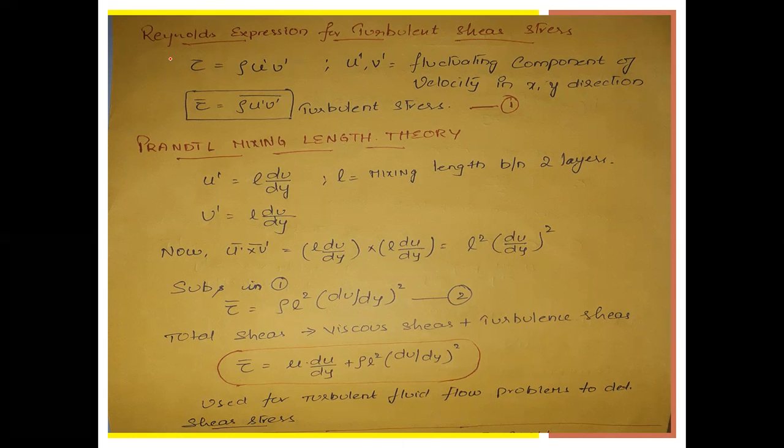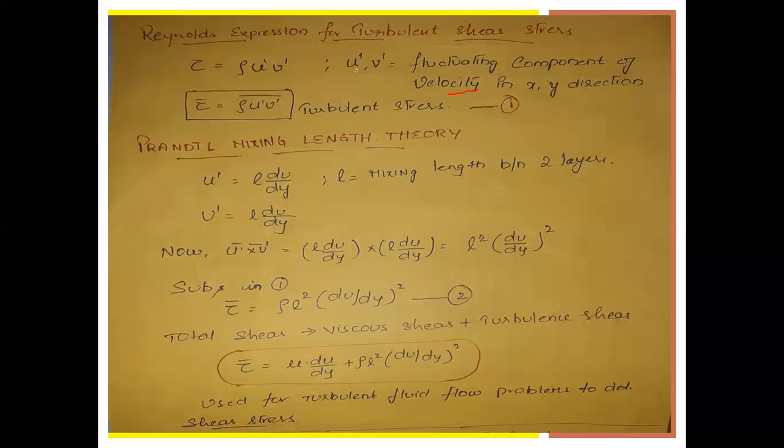If you use the Reynolds expression for the turbulent shear stress, generally tau is equal to rho into u dash v dash, where u dash and v dash are the fluctuating components of velocity in the x and y directions. In the x direction, u dash is a fluctuating velocity; in the y direction, v dash is a fluctuating velocity.